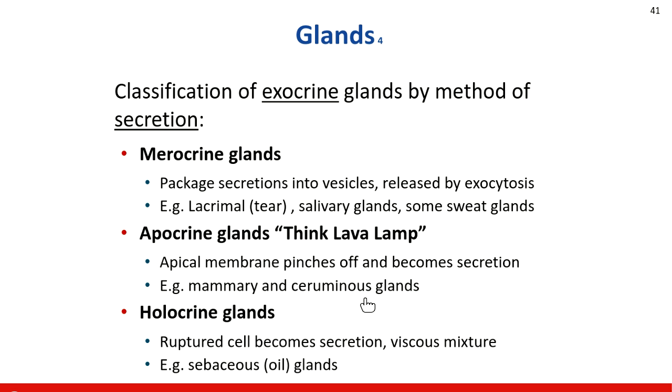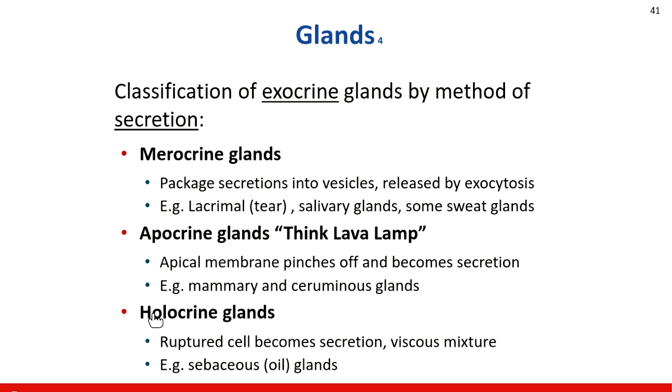And where are those found? In your earwax. The last type of gland is the holocrine gland. I think of the Holocaust. If we were to witness a nuclear holocaust, it would be complete destruction of the world through nuclear war. A holocaust requires destruction of something. So with these types of glands, the whole cell will rupture and destroy itself, but the whole cell becomes the actual secretion.